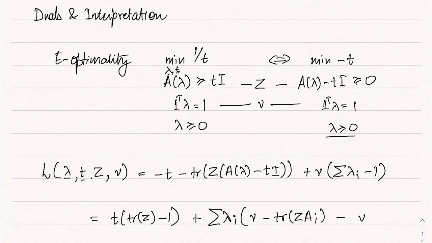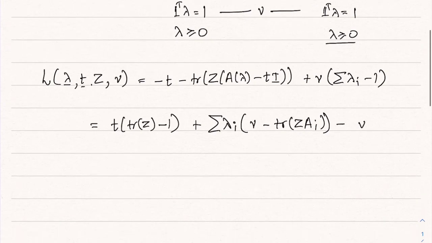That's our separation, and then it is straightforward to minimize with respect to t and lambda respectively. So we would obtain the dual problem.